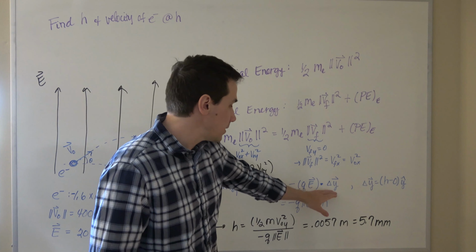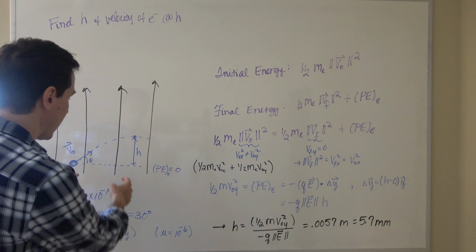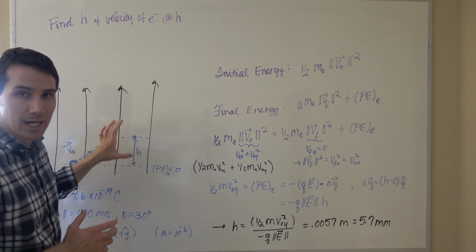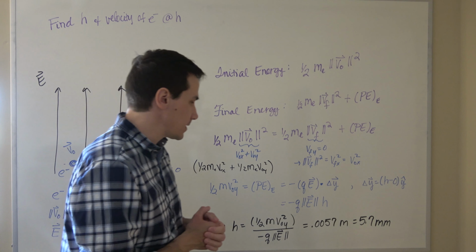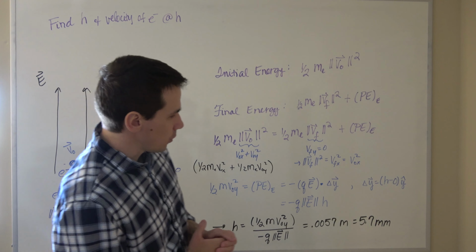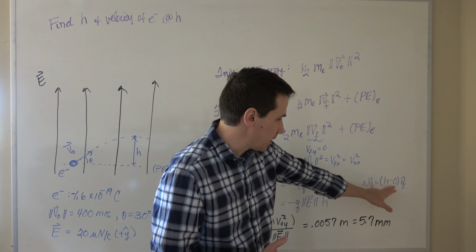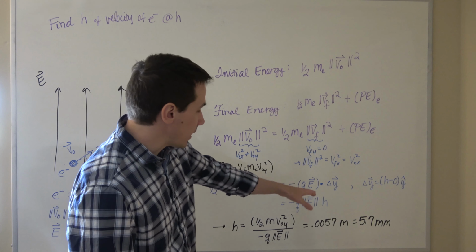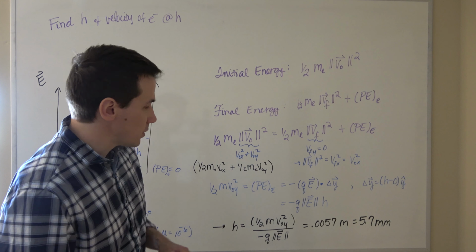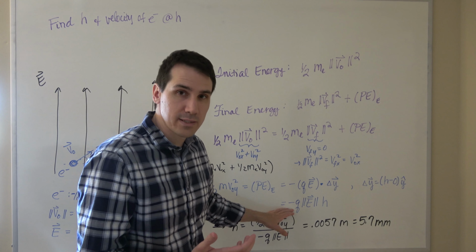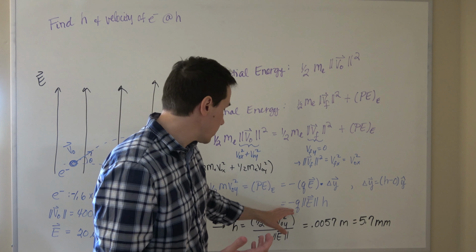So we don't need to care about how far it moved in the x direction here. We only care about how high it is above its initial point when we're calculating this potential energy. All right, so our displacement in y is y final minus y initial, which is just h. Dotting this with our electric field, which is also in the y direction, we arrive at this equation here for our potential energy.